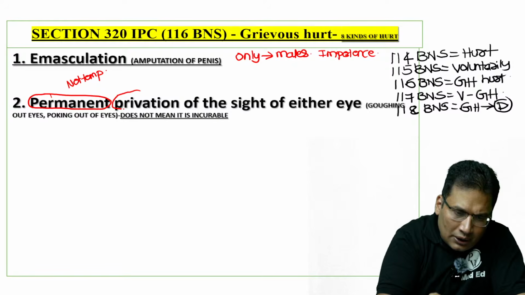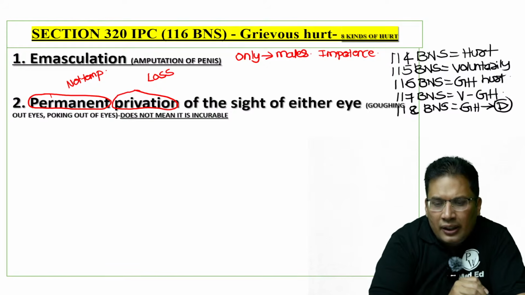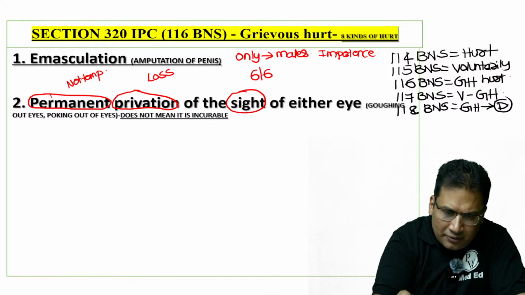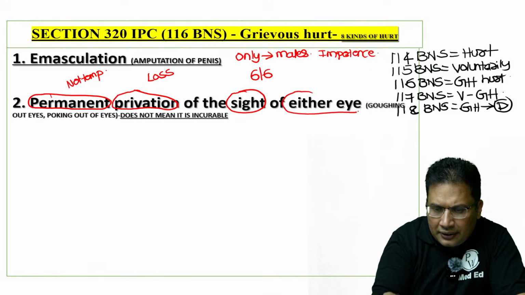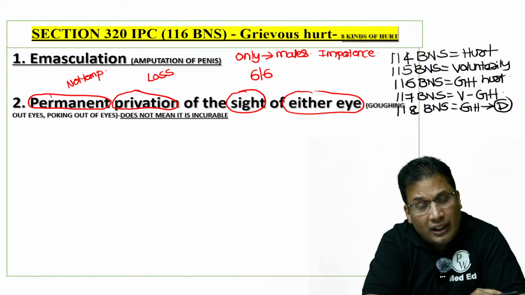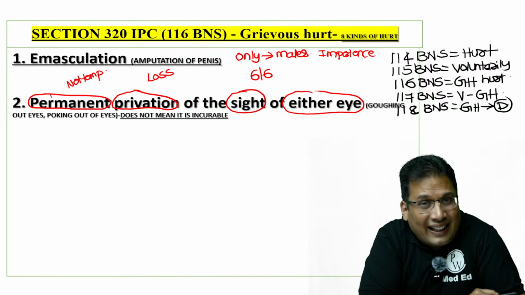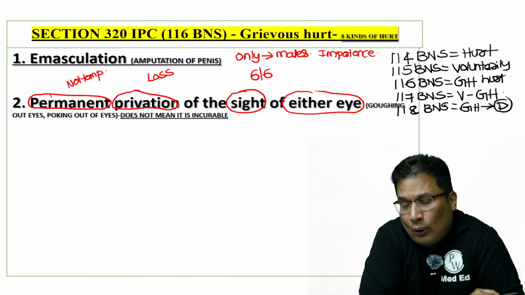Privation means the loss. Sight means basically the vision. As in normal vision is 6/6. Either eye, so right eye or left eye, not both the eyes. So that is the second clause. You can remember 2 eyes, that is second clause.